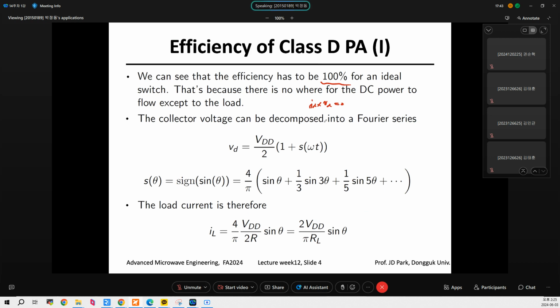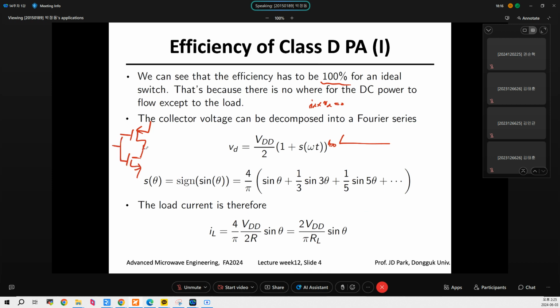So let's take a look at a more analytical way. VD is switching. This is VDD, and let's assume VD is something like this.